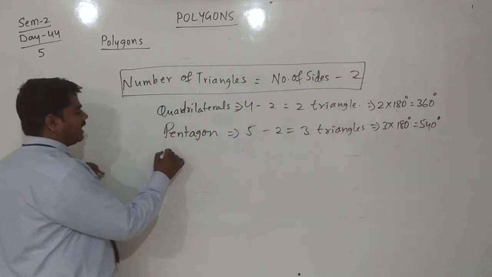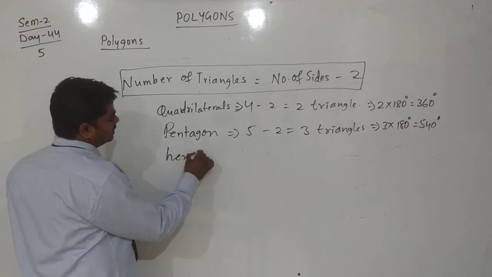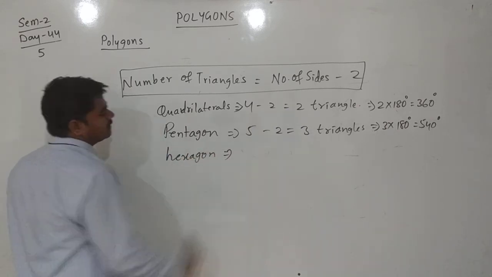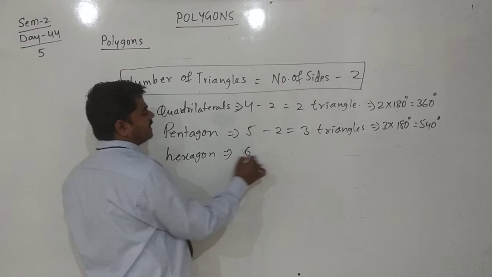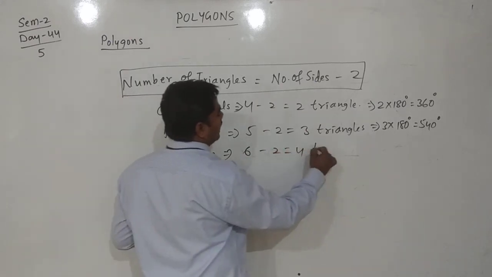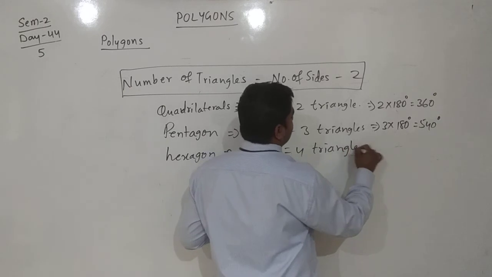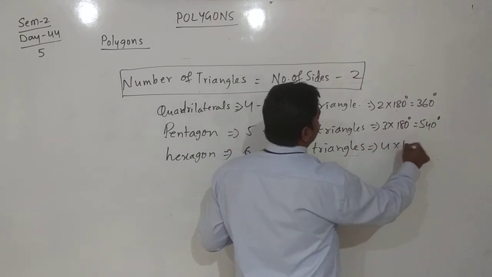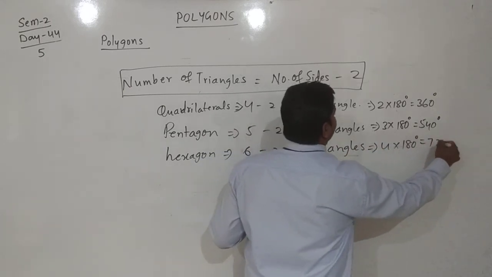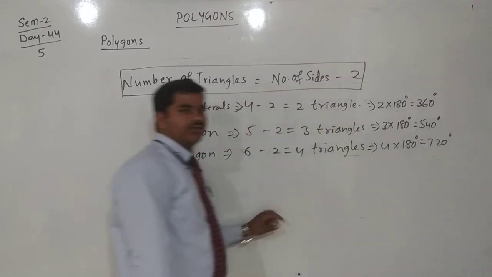And we can take the hexagon: 6 sides minus 2, 4 triangles. Then 4 into 180 degrees, 720 degrees inside angle for the hexagon.